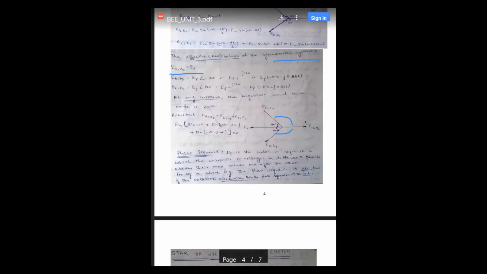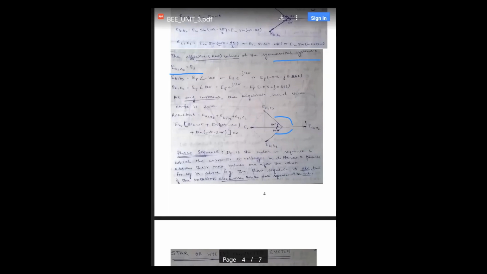Okay, so if there are three phases, A, B, C phase, their magnitudes are the same, and they are produced due to the conductors which are placed in the magnetic field, and these conductors' terminals are A1, A2, B1, B2, and C1, C2.